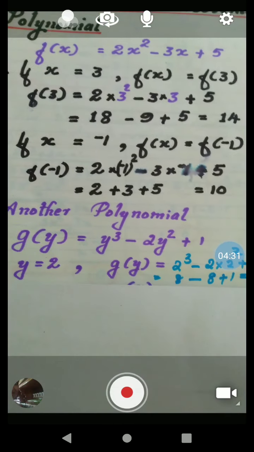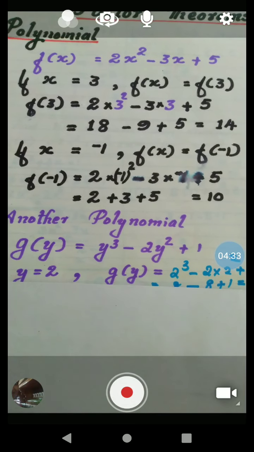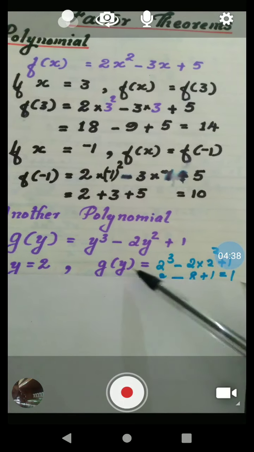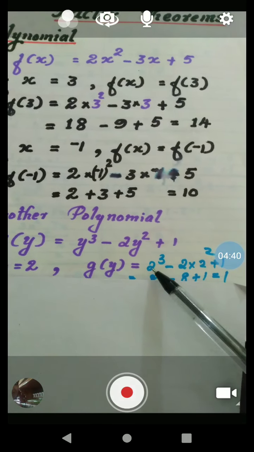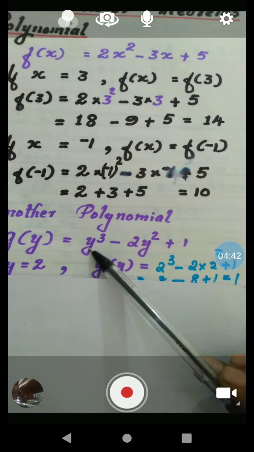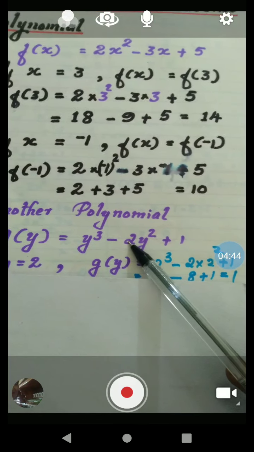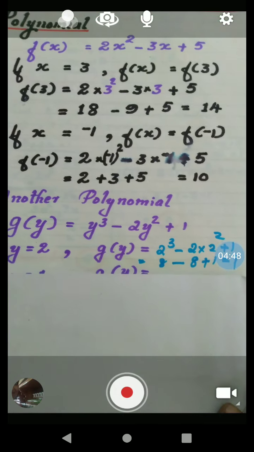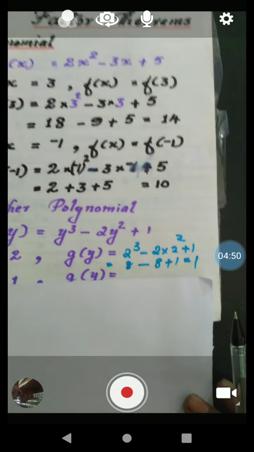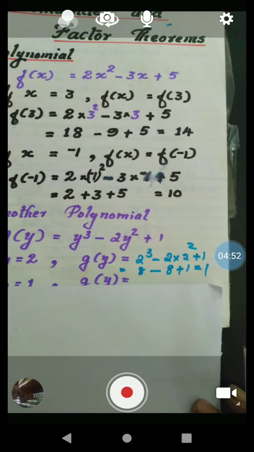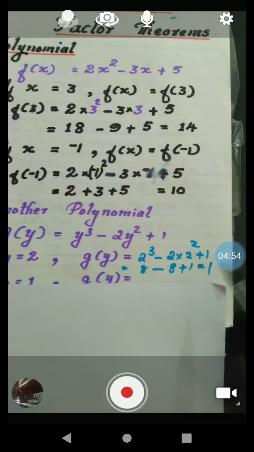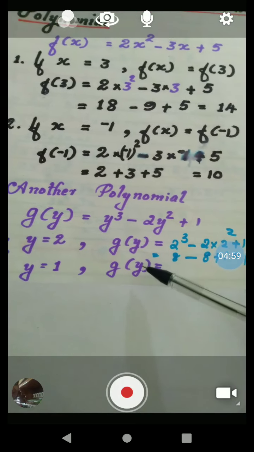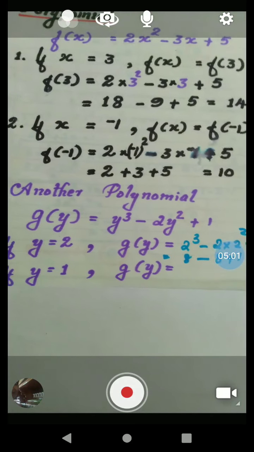When y is equal to 2, g of y can be written as g of 2. Write 2 cube minus 2 into 2 square plus 1. When you simplify, you will get g of 2 as 1. Similarly, when y is equal to 1, you can find the value of g of y.